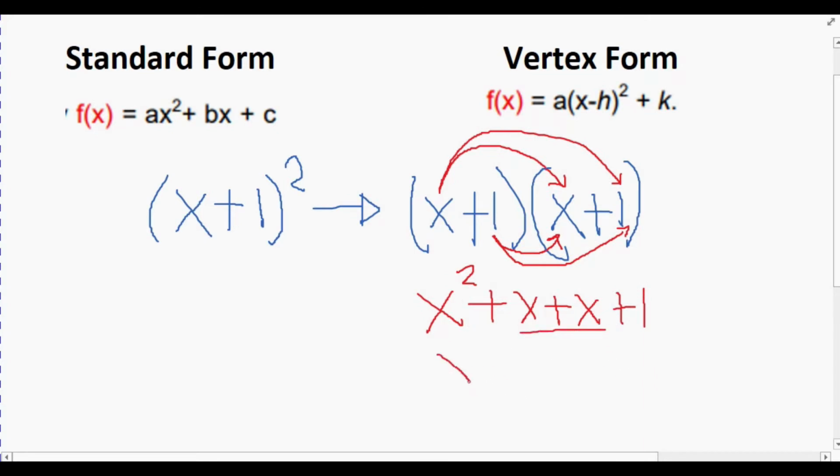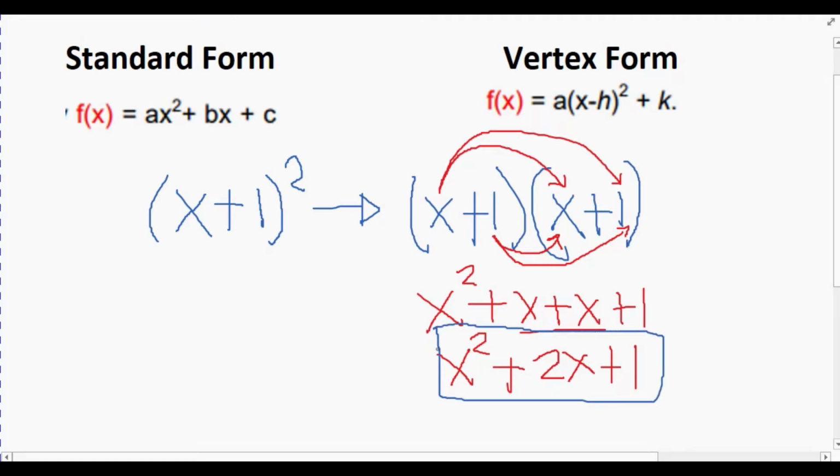So copy x squared, plus x plus x equals 2x, then plus 1. So this is now the square of the binomial x plus 1. Okay.